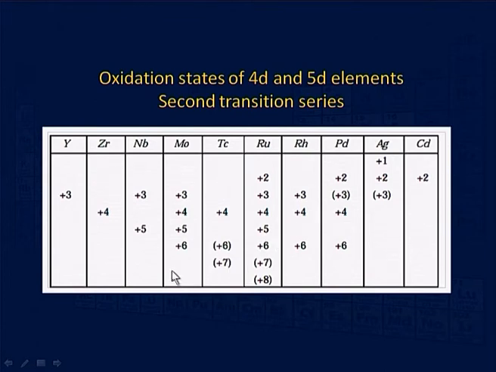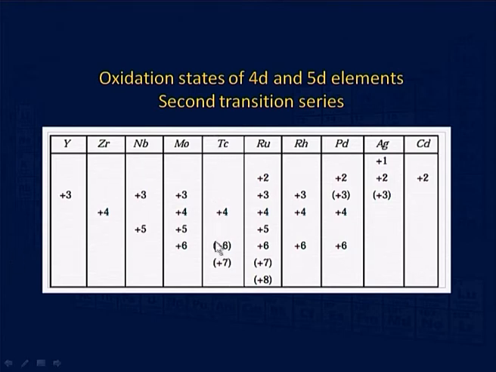In the tabular form, the different variable oxidation states for the second row transition elements are shown. The figures in parentheses are the less stable oxidation states of these metal ions.